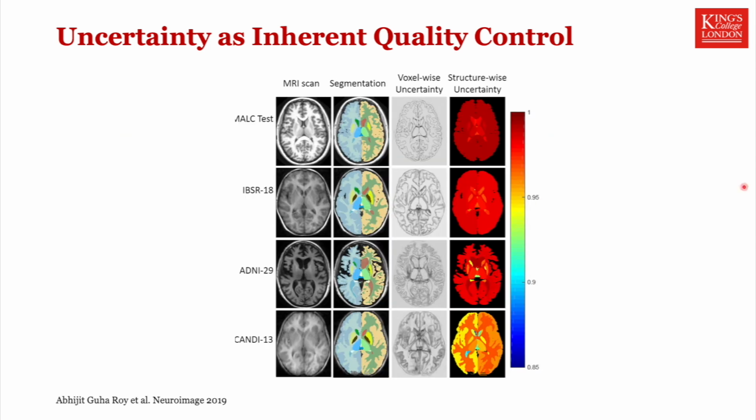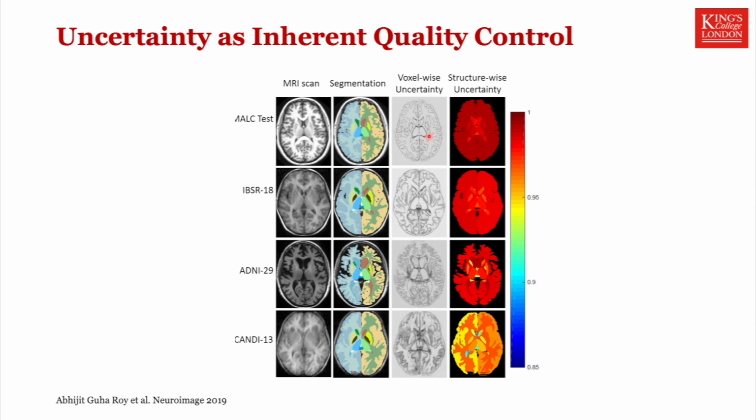Another problem that exists when we're looking into uncertainty as an inherent measure of quality control is that clinicians rarely care about the actual voxel-wise uncertainty. If you were to present a map like this, they probably wouldn't know what to do with it, because they're not used to understanding what it means for a pixel or a voxel to be uncertain.